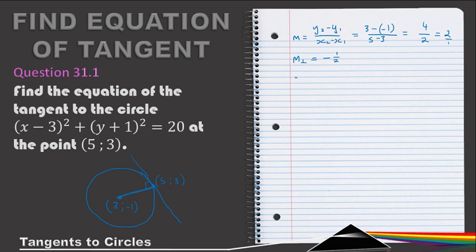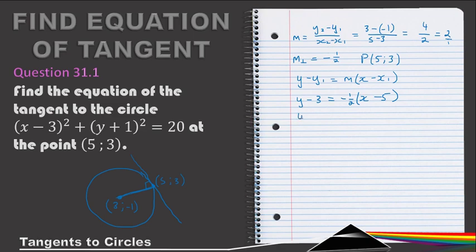Right, and now we have our gradient for this line, and we have the point 5 and 3. So now we can just substitute it into this form of the straight line formula, y minus y1 equals m times x minus x1, and we have y minus 3 equals, so the gradient's negative a half, times x minus 5, and then we just simplify.